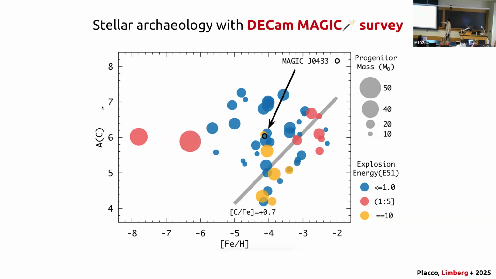And if you go to these stars right here that have low amounts of carbon, they have a tendency of having high explosion energies, really shown with the yellow point right here. So essentially, this is why we care about finding these extremely metal poor stars: by measuring the chemical elements in their atmospheres, we are inferring something about the properties of the first Population 3 stars.